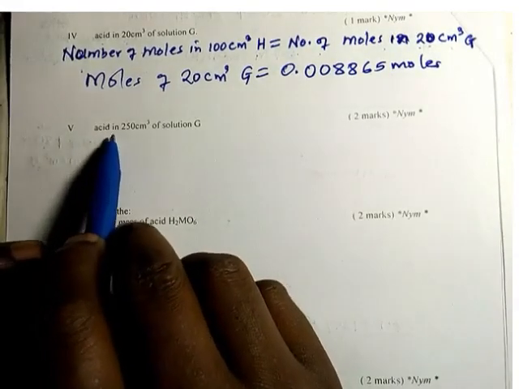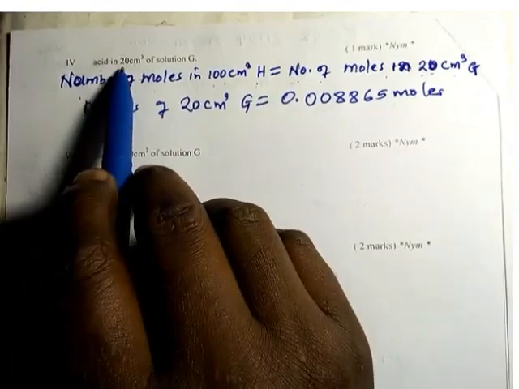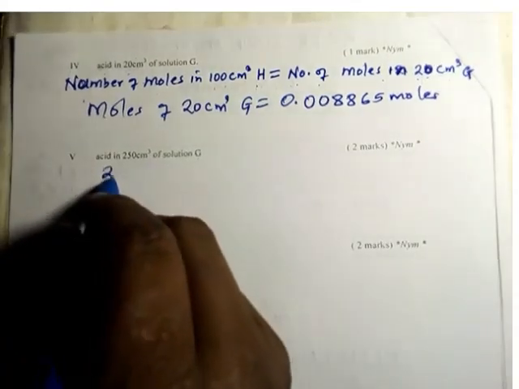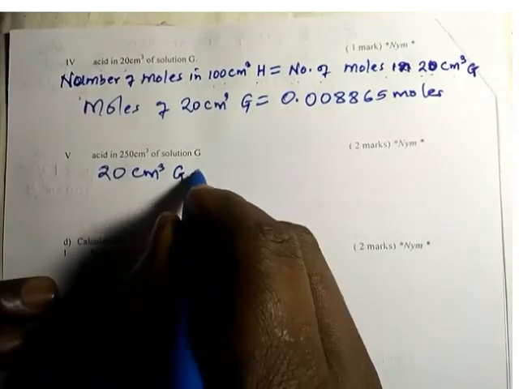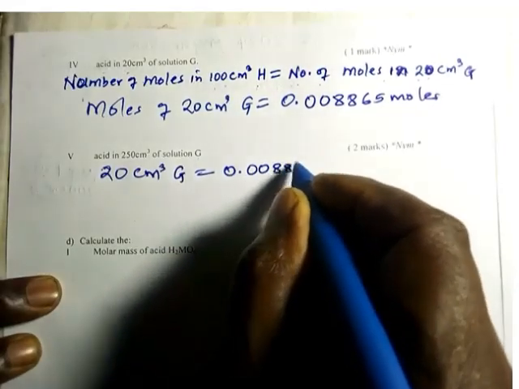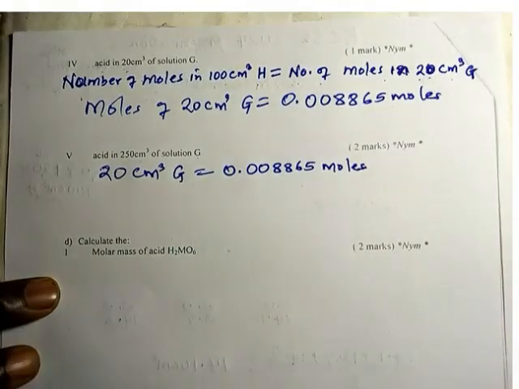Number of moles in 250 of solution G. That's very simple now that we know the number of moles of G in 25. So 25 centimeters cube G contains 0.008865 moles. Right?